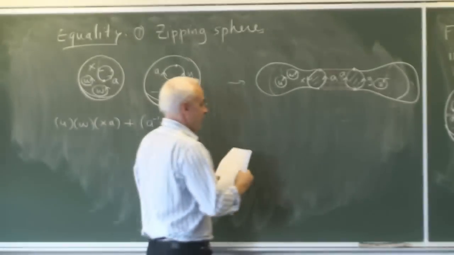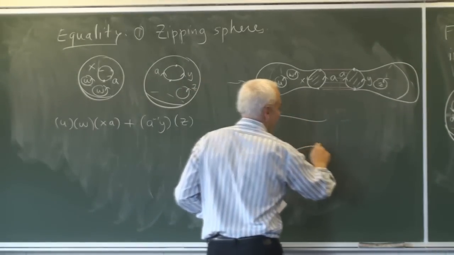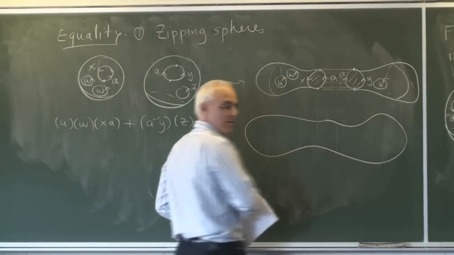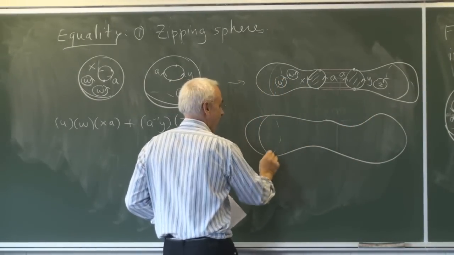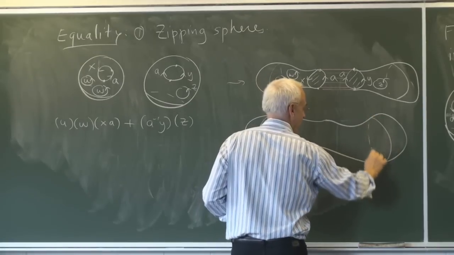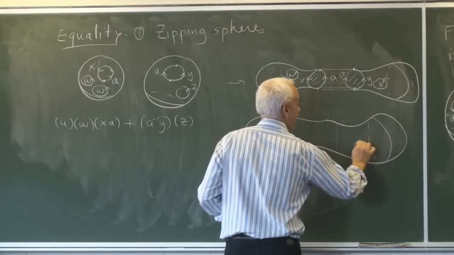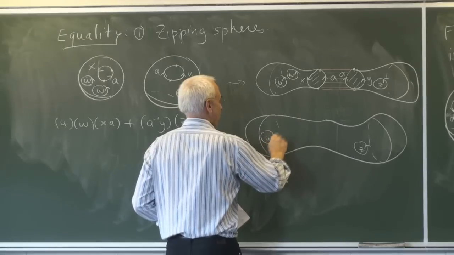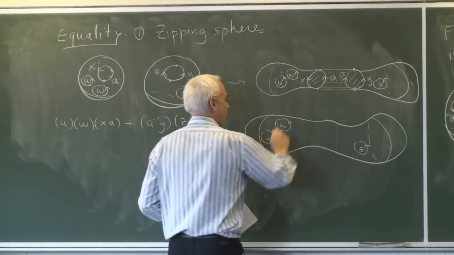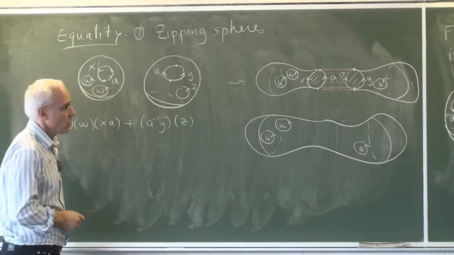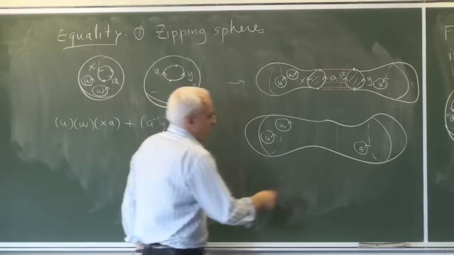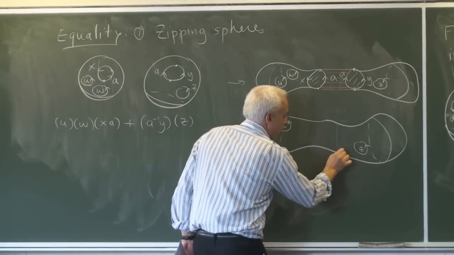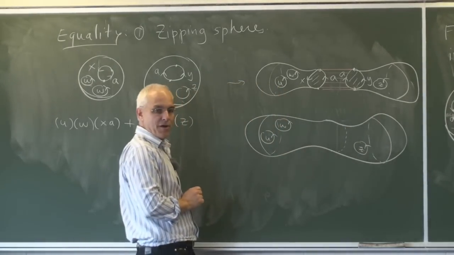Well, we're going to get kind of a blob shape. There's still going to be our Z hole over here, our U hole here, our W hole here. And the old A edge, sort of back here.